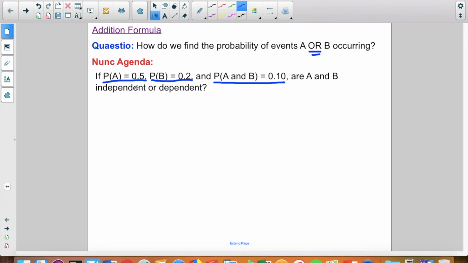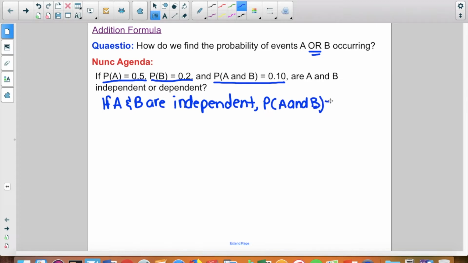So referring back to the last lesson, we know that if A and B are independent, that means the probability of A and B equals the probability of A times the probability of B. Okay, so let's identify all of our information.